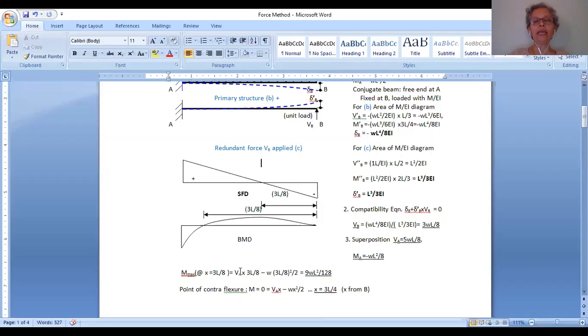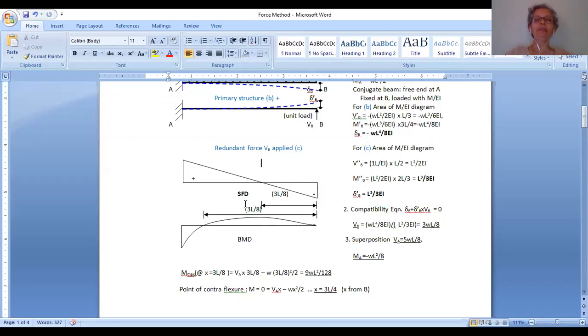It is VA into the distance x, which gives rise to positive moment, minus the moment due to UDL acting on this part, W x squared by 2. I have substituted x as 3L by 8.